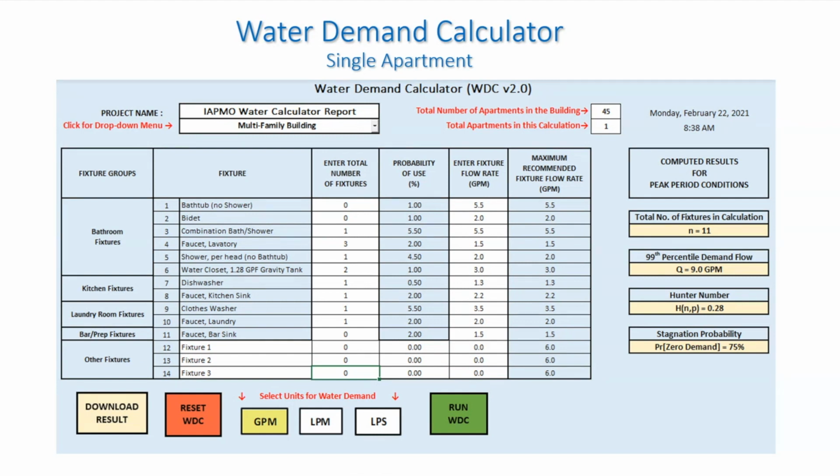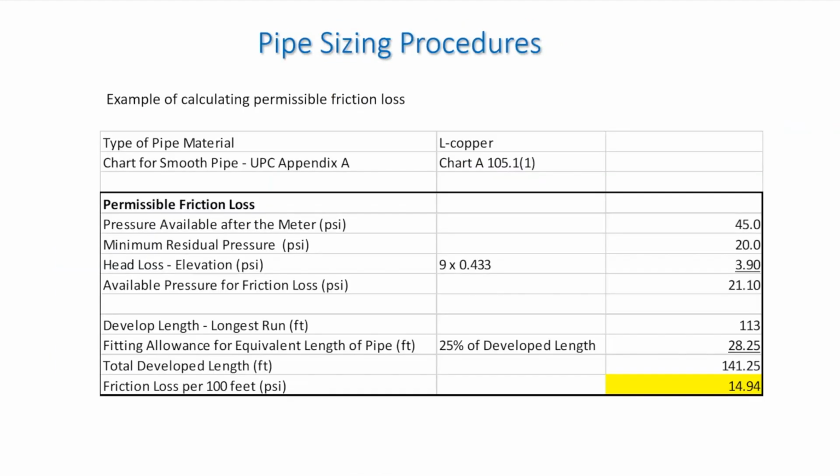Each plumbing code also has procedures, and they're common procedures. One of the procedures that is needed is to calculate the permissible friction loss. What you're trying to calculate is the friction loss per 100 feet of pipe. That's because you're going to be using a nomograph, and a nomograph is built on friction loss per 100 feet of pipe.